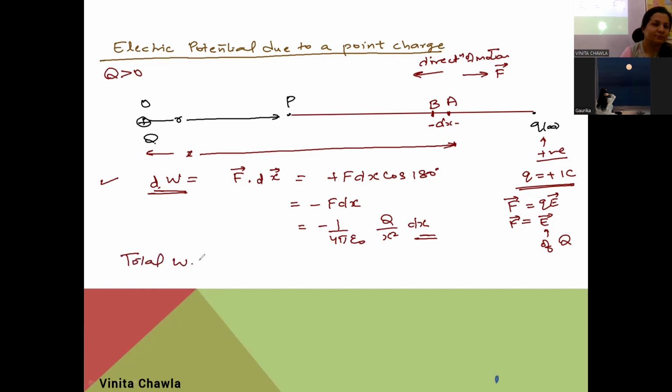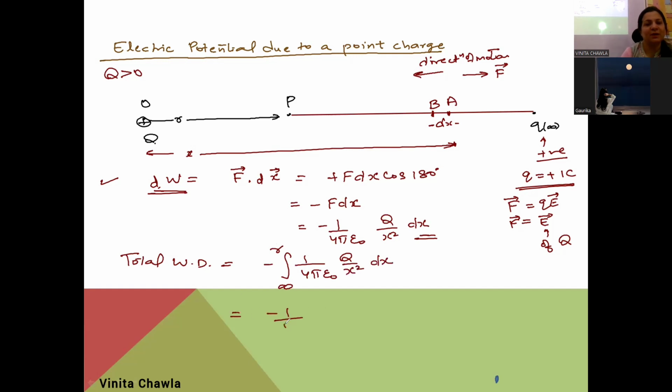Total work done is equal to? We will integrate this. So minus, infinity to r, 1 upon 4 pi epsilon naught, q by x square dx. Okay.